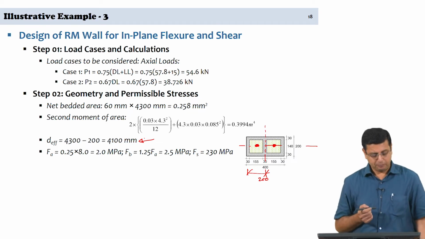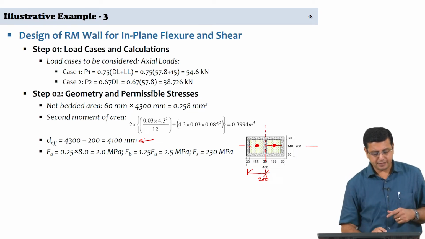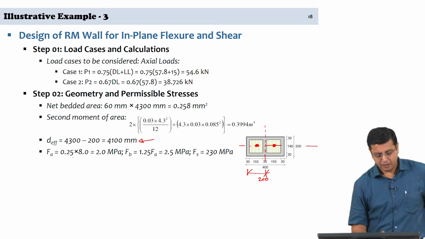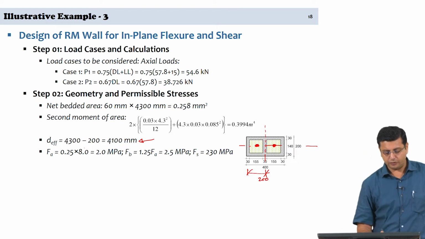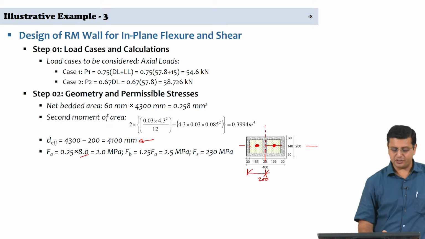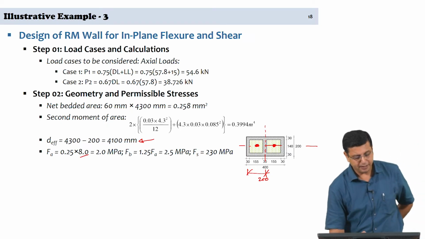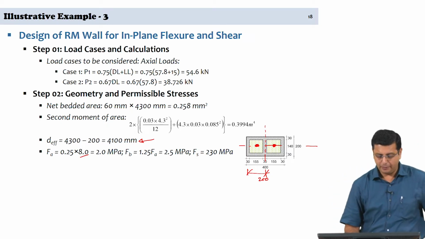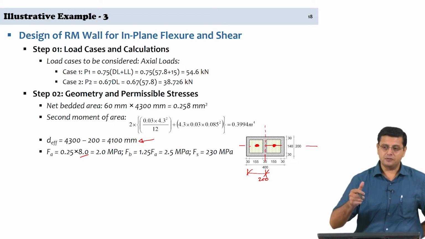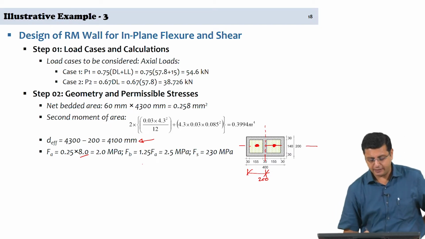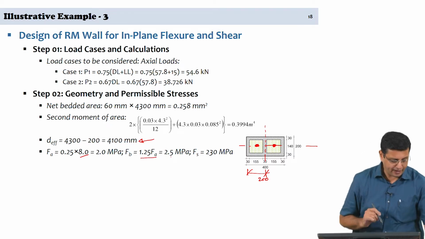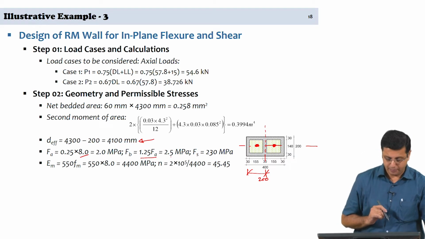The permissible compressive stress is estimated as 25%, 1/4 of the compressive strength of masonry, which was 8 megapascals. So, Fa is 2 megapascals. Fb, because of the strain gradient effect, is increased, you have 1.25 times Fa, that would be 2.5 MPa, and Fs, as stated earlier, is 230 MPa.